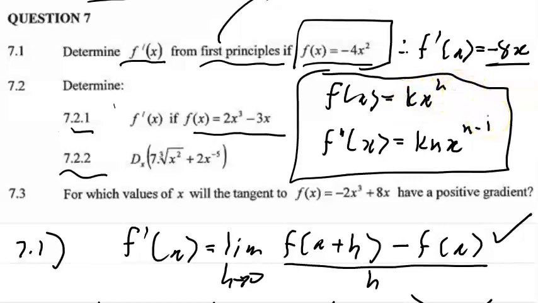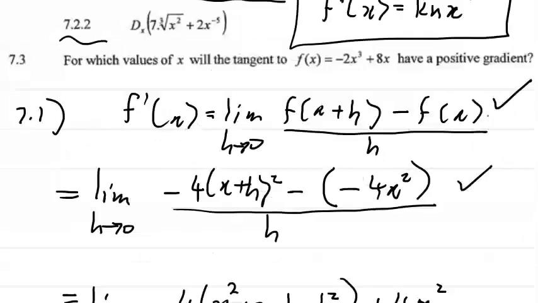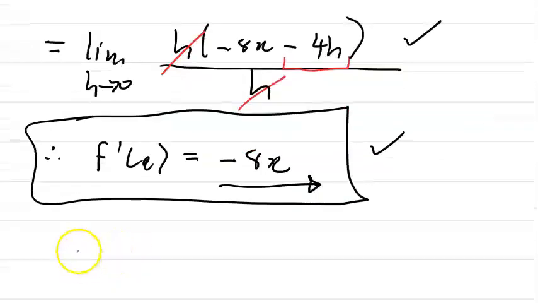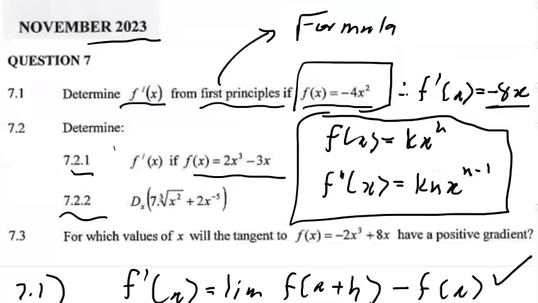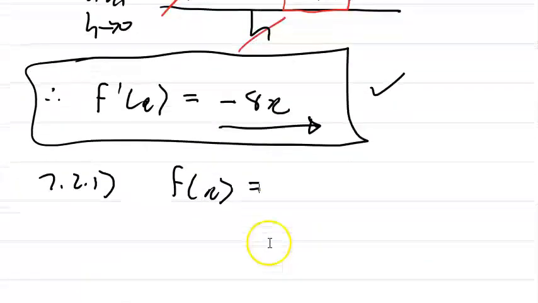So we'll write down the question first, 7.2.1. Let's write down our question, f of x equals, and our question is as follows.